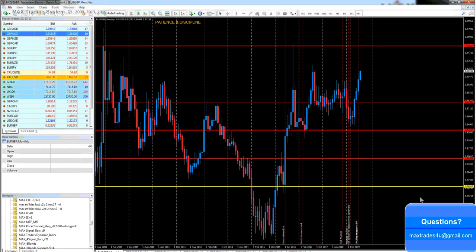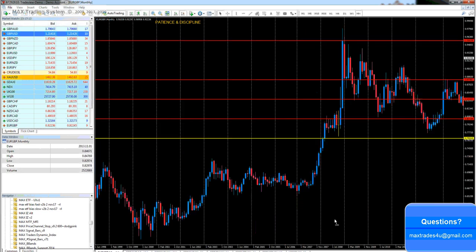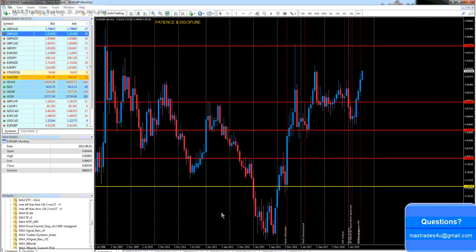The yellow line represents, if I'm right, the level of the pair at the moment of the Brexit referendum. It corresponds to the close in the daily or the weekly time frame on the day of the referendum, and the long bar we have seen after was when we began to have the result of the referendum. So this was the price level just before the release of the referendum result.